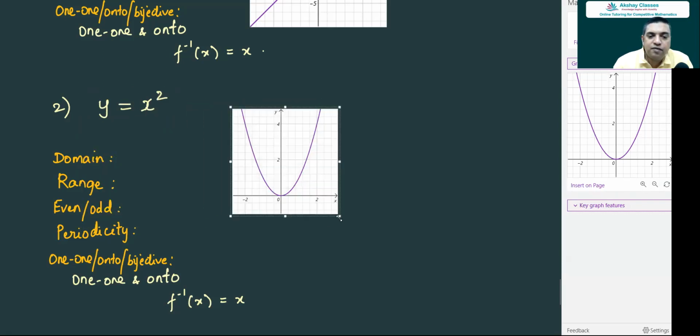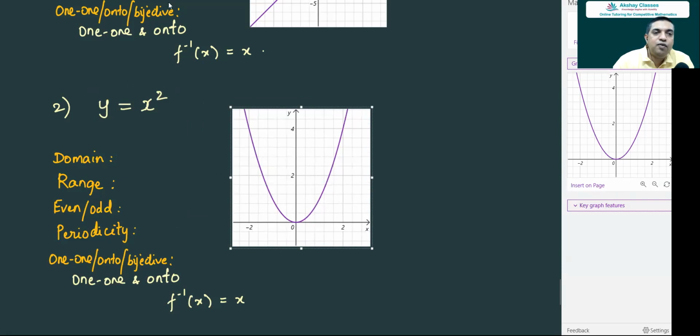This is a parabolic graph. Any graph of the form y equal to ax square plus bx plus c will be a parabola. Now, if a is positive, the parabola opens upwards. If a is negative, the parabola opens downwards. So it's a parabolic curve.